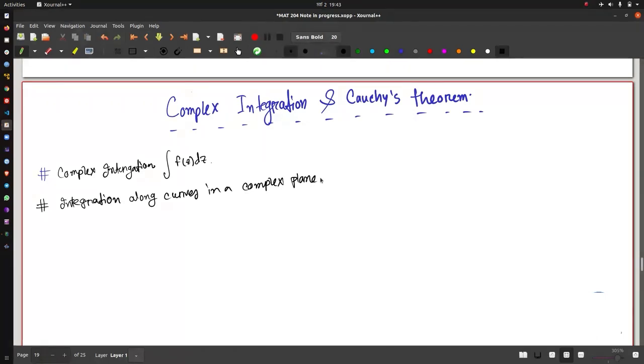And we will see that we can derive some new results for analytic functions, and that result is Cauchy's theorem. So let us begin.